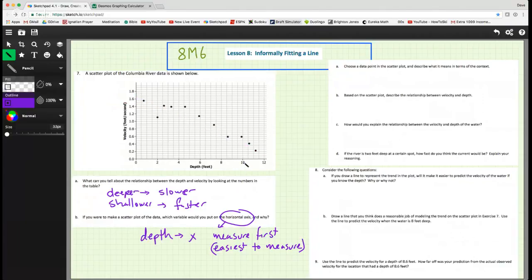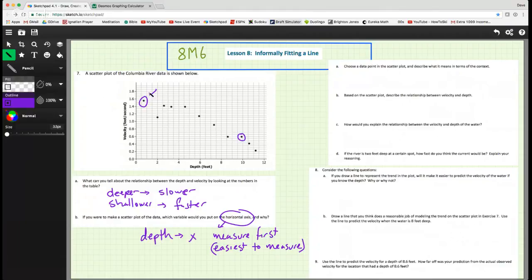So now what we want to do is choose a data point in the scatter plot and describe what it means in terms of the context. So go ahead and do that. I'm going to choose this one to talk about. Well, no, you know what? I'm going to choose this one and then this one. And you can think about what they mean in terms of the context of this story. Okay. Well, hopefully it's pretty straightforward.